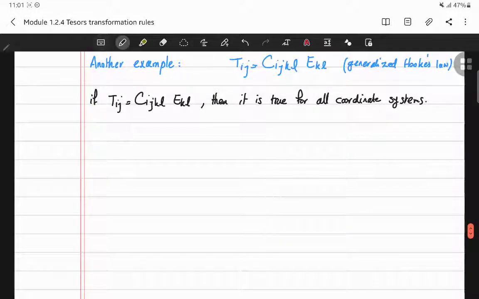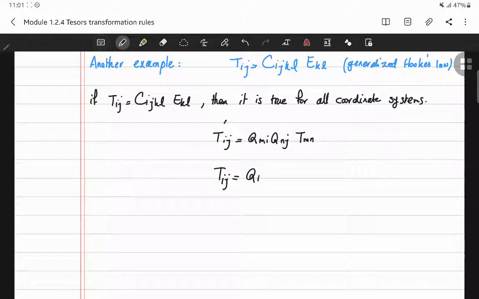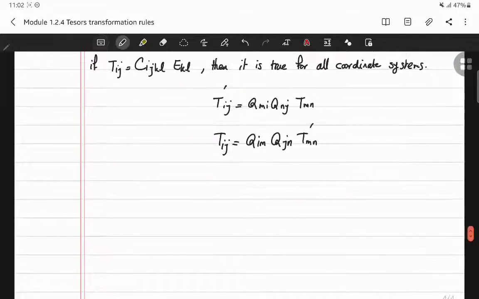All right, so then we can say that we have T prime ij is equal to Qmi Qnj Tmn. And this can be written as, if we move from the prime to the unprime, Tij is equal to Qim Qjn, and this is T prime mn, right?